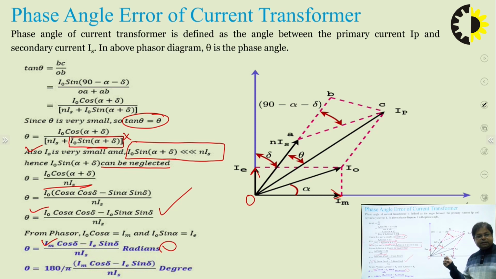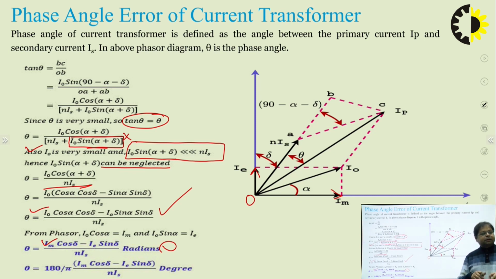For example, in the example I gave, a 2000 ampere primary line current is reduced by transforming action up to 5 ampere, 10 ampere or 20 amperes, a range where we can easily measure it with our normal instruments. For that, these instrument transformers have been introduced.